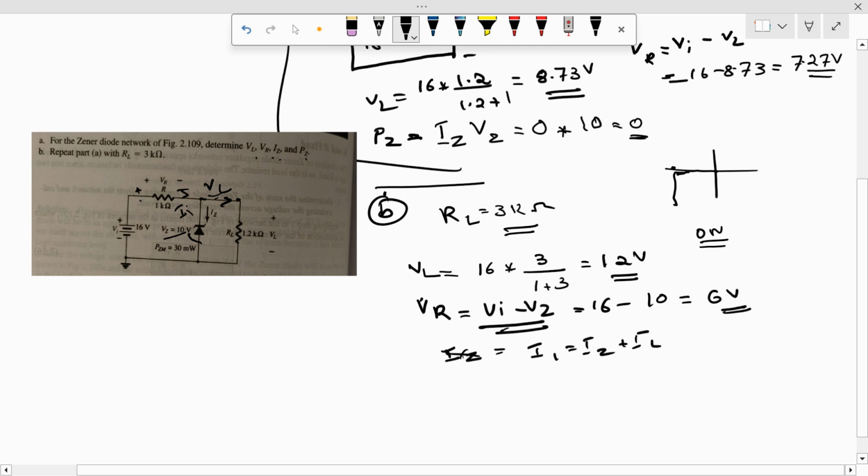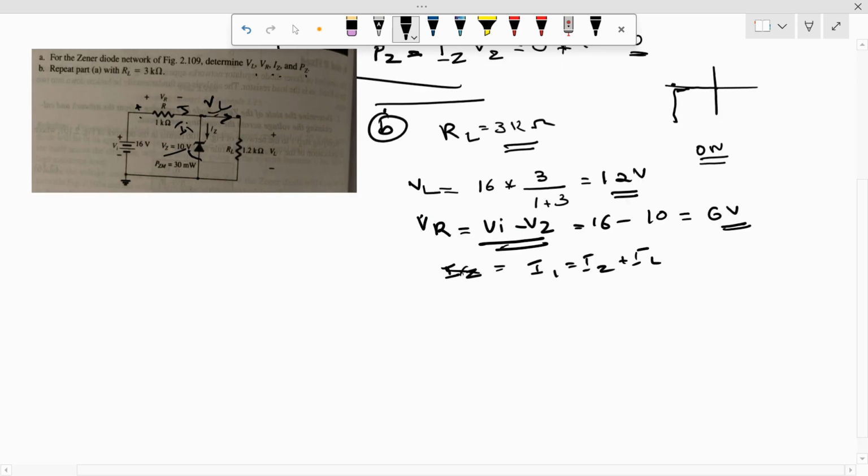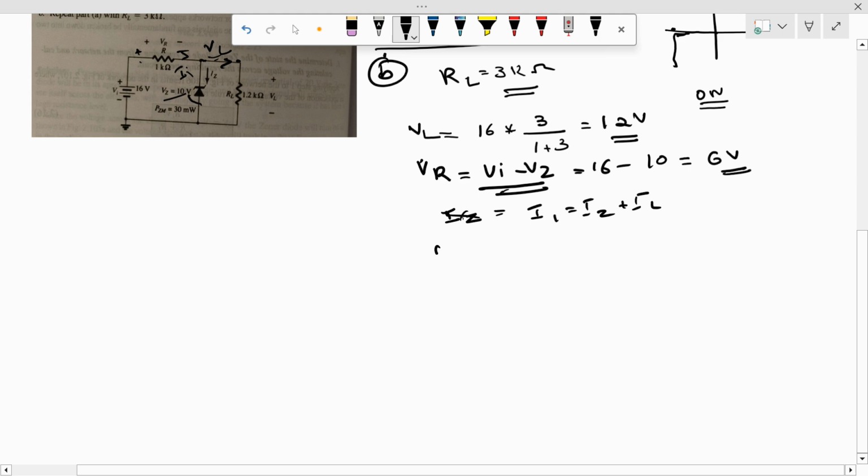So I can write the formula for IL. What is the load voltage? VL by RL, right? What is VL? VL we have got as 12 volt. What is RL? RL we chose as 3 kilo. So it will be 12 by 3, 4 milliamps, right?